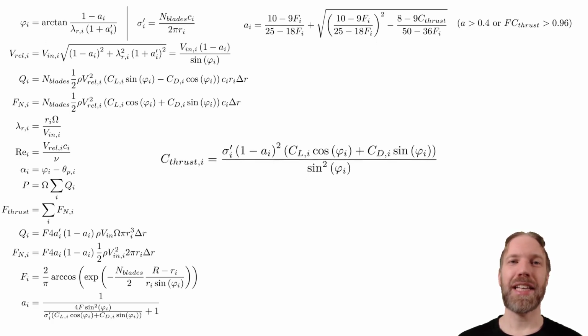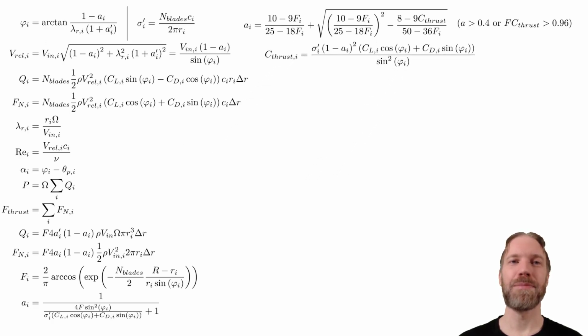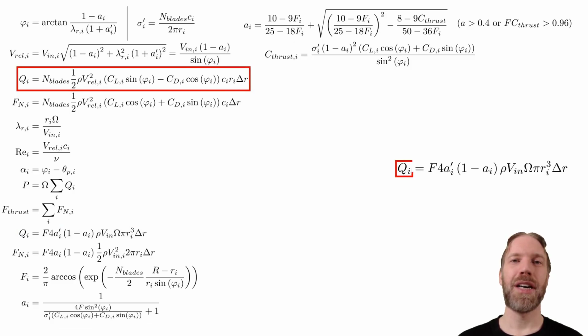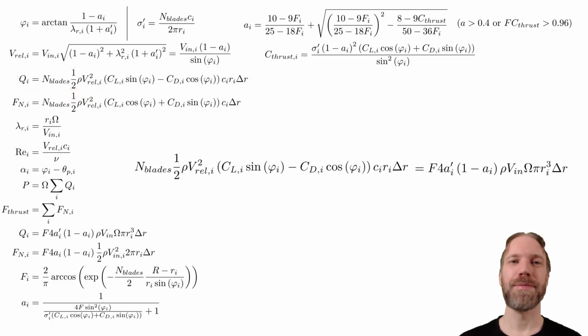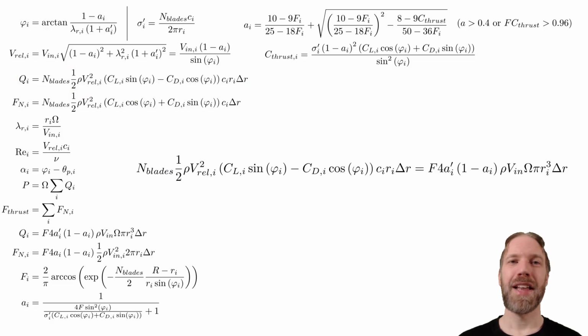Finally, we need an expression for the angular induction factor. Start from the expression for the torque from momentum model. Set this equal to the torque from the blade element model. The density and delta R cancel.